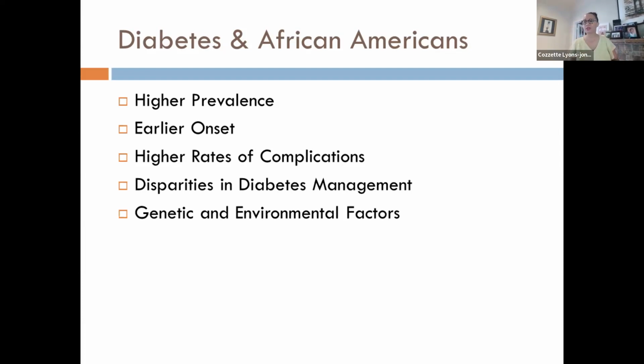This is something that we should be doing better, in terms of our scorecard as people of color, and yet we're not. And so we have to look at systemic and structural racism as a contributing factor as to why we're seeing a higher prevalence, earlier onset, because of stress and genetic predisposition, environmental factors, and all of that.